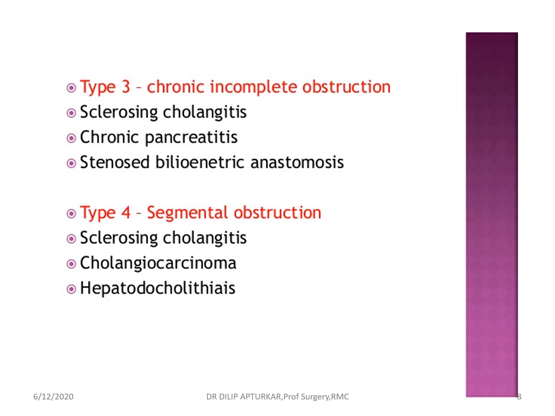Type 4, that is segmental obstruction, occurs in sclerosing cholangitis, cholangiocarcinoma, hepatolithiasis, stones in the hepatic ducts, intrahepatic ducts. They cause segmental obstruction, segmental pathology of biliary duct. And depending on the type, you will get the clinical picture presentation of the jaundice.